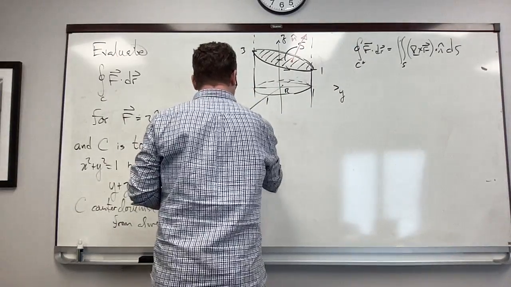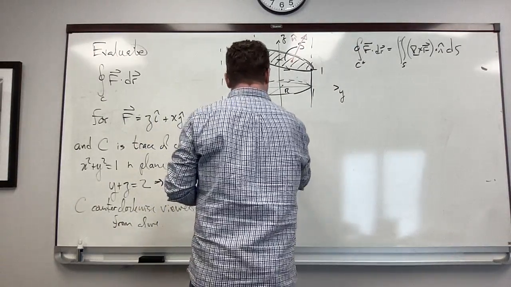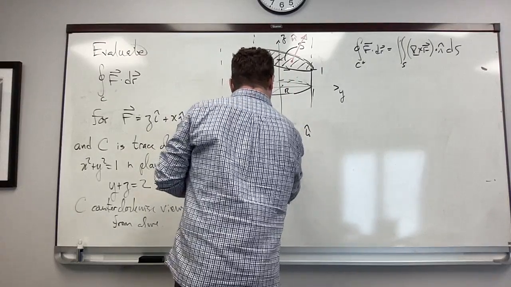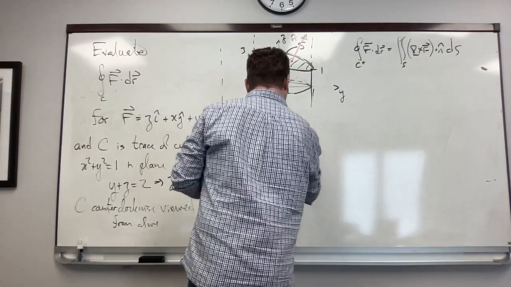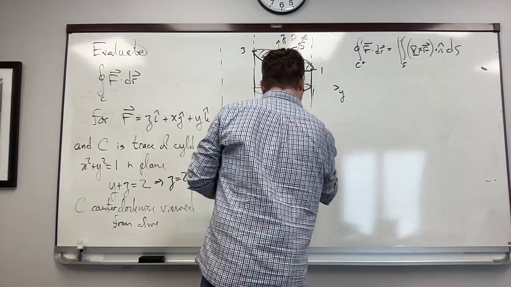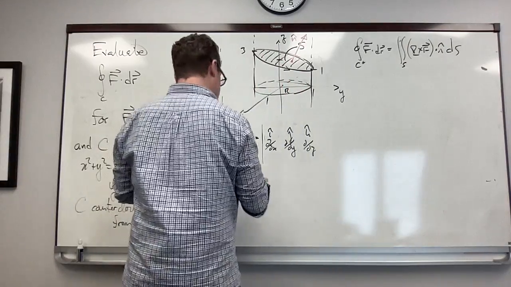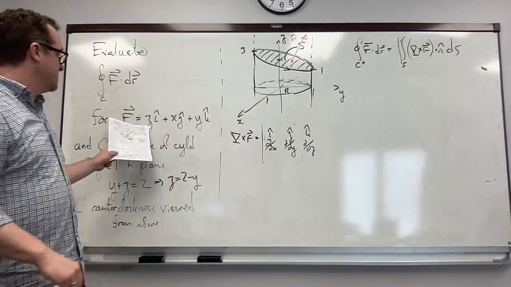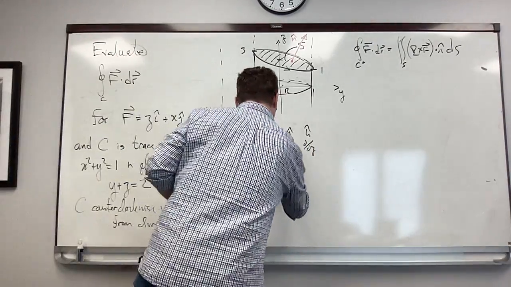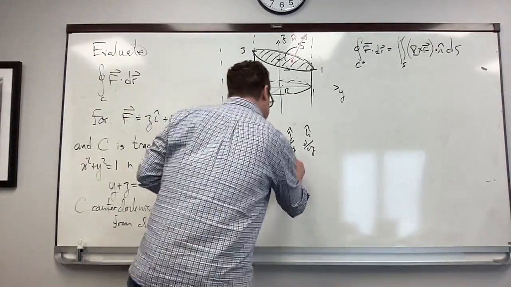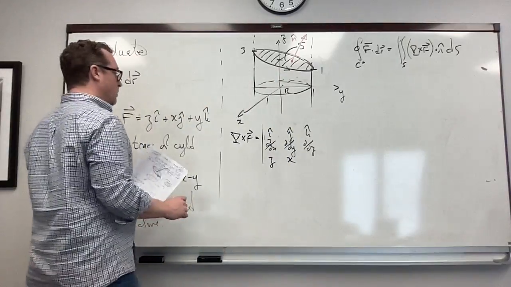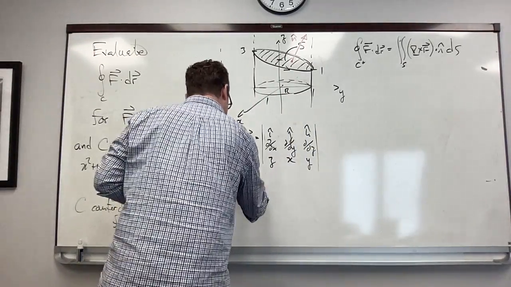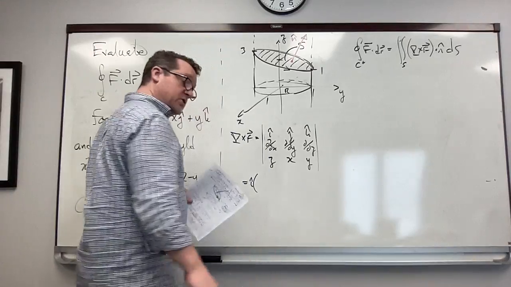Curl of F is the determinant of i, j, k; ∂/∂x, ∂/∂y, ∂/∂z; and then I have the three components of F. F was z i, x j, y k. Now I'll do the partials as we go.